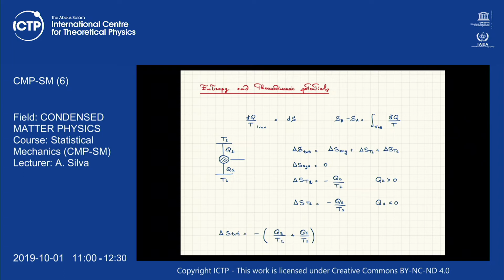According to what we wrote down last week, this is going to be positive, because Q2 over T2 plus Q1 over T1 was negative, right? Because of Carnot theorem, essentially. So this has a minus sign, so it has to be positive.